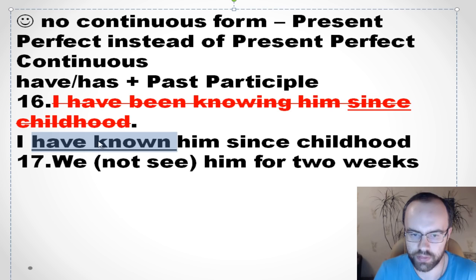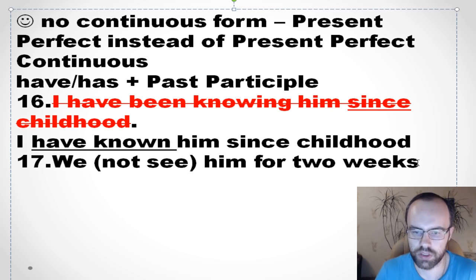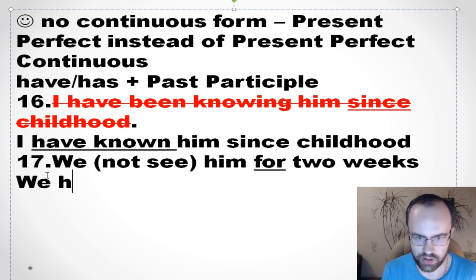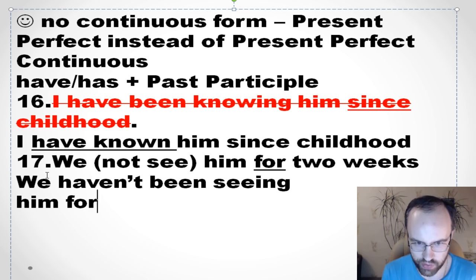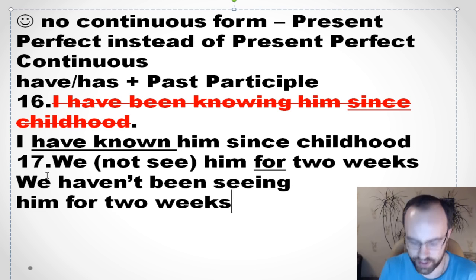And one more. We not see him for 2 weeks. So what tense is it? You have for, and you want to say maybe we haven't been seen him for 2 weeks, right or not? If you say it, my friends, it isn't right.